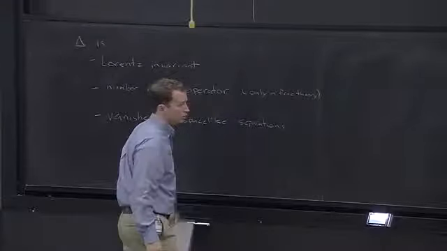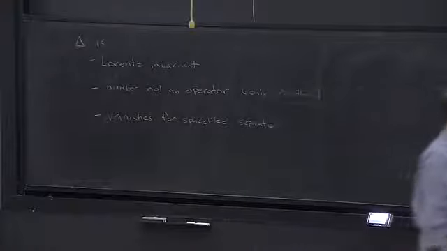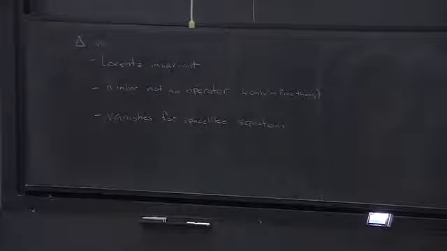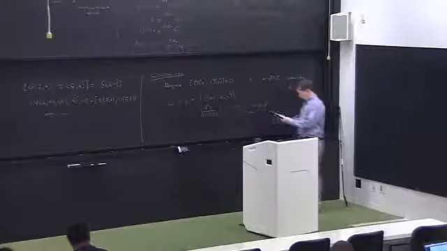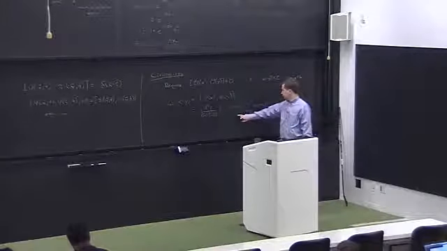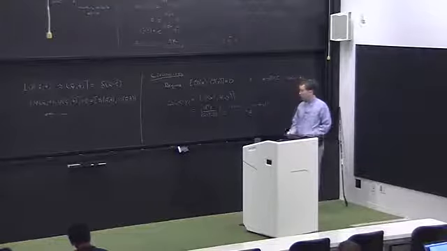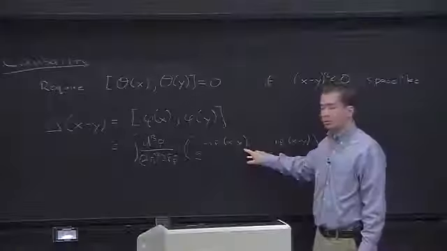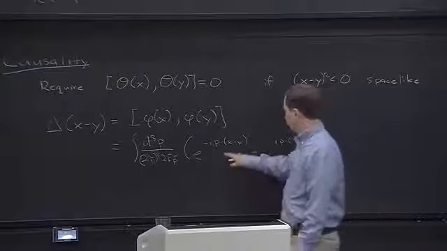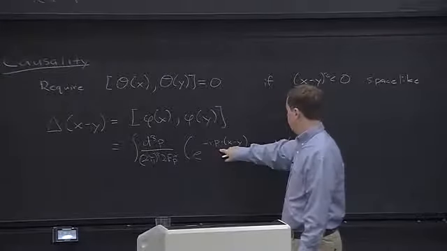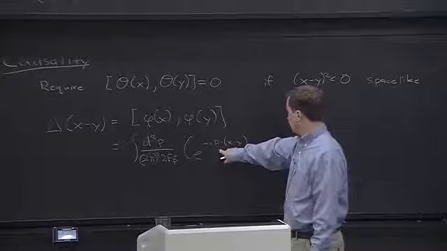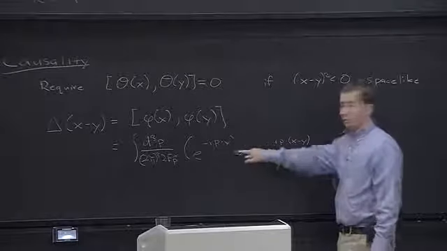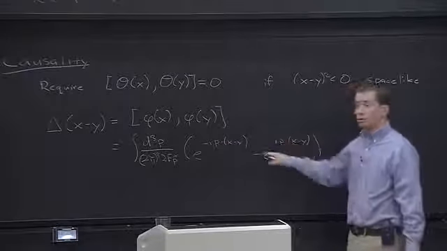And so why is this? To see this, let's look at our expression over here. If x and y are space-like separated, we can choose a frame where x naught is equal to y naught. So if x naught is equal to y naught, then the 0th component of the momentum doesn't contribute.